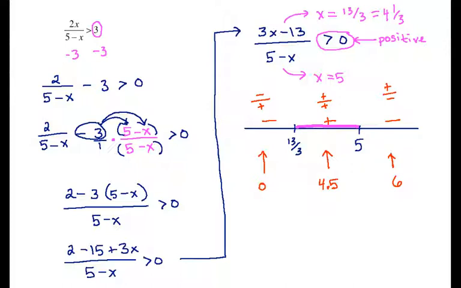And I want to include 13/3. Oh no, I don't want to include anything this time because we have a strict inequality. Those strict inequalities are a little bit easier because we don't have to make the distinction between zeros of the function and numbers that are not in the domain of the function. So this final solution set is just going to use parentheses and go from 13/3 up to 5.